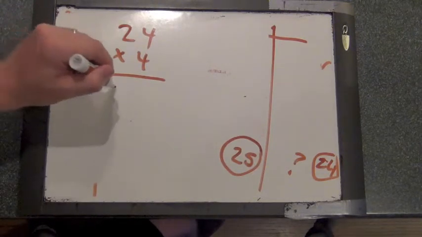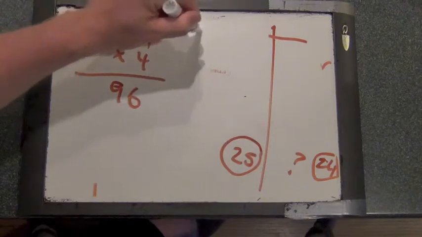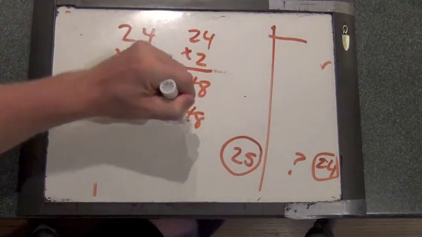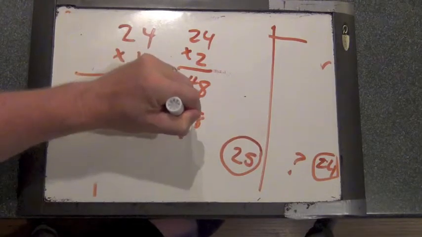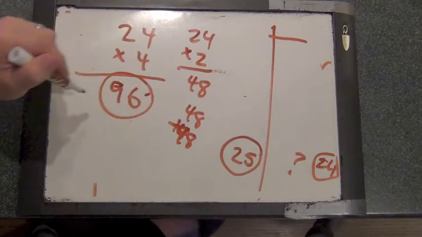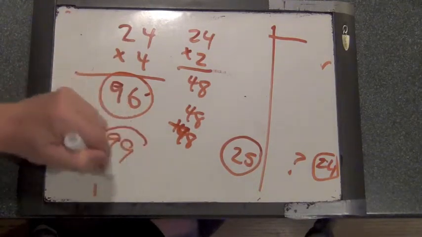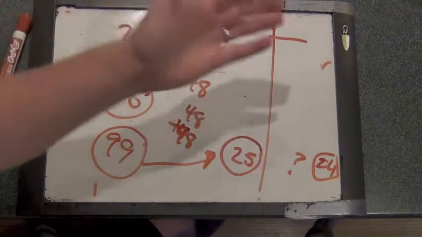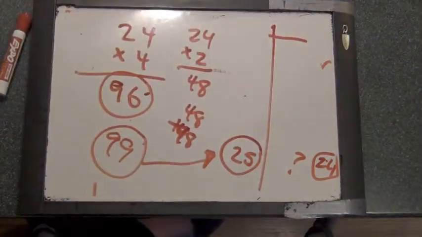Okay, great. 96, because 24 times 2 was 48, and then we did 48 plus 48. So that's 96, and what's 96 plus 3? 99. So our 25th number is 99. High five. Good job, sweetie.